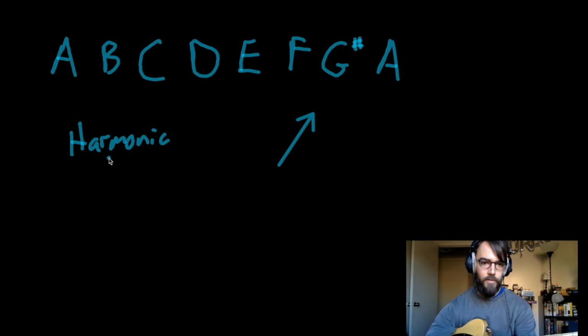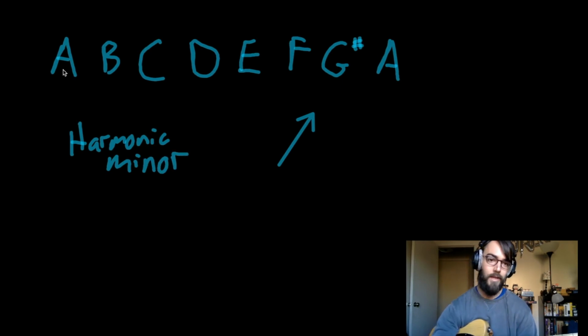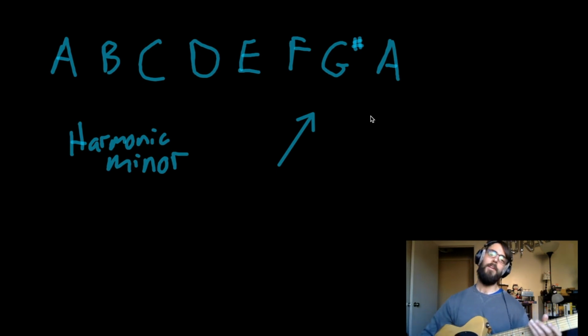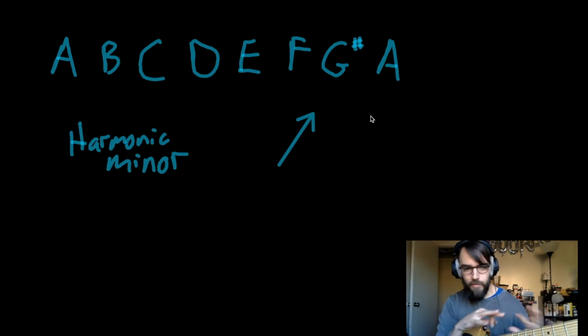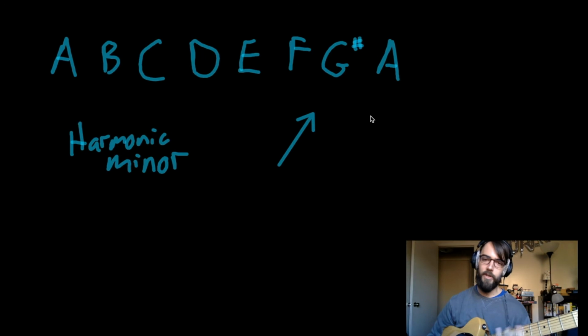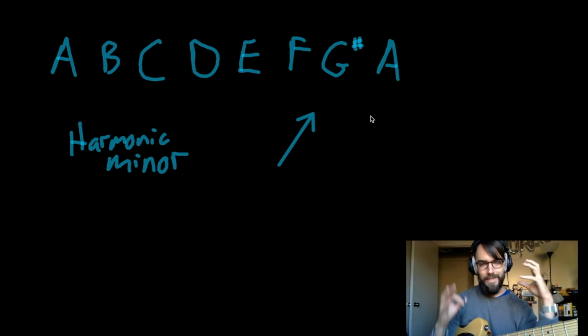So the way that we can get it, one way to think of it, is a natural minor scale with a sharp 7. So remember that. That's how we could come about that. All right, so then what that would look like on the guitar, and I won't get into too many specifics about the actual fingering, because as we've learned from the major scale videos, that's kind of the starting place.